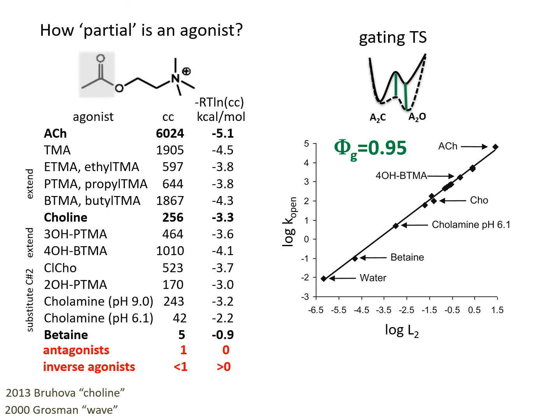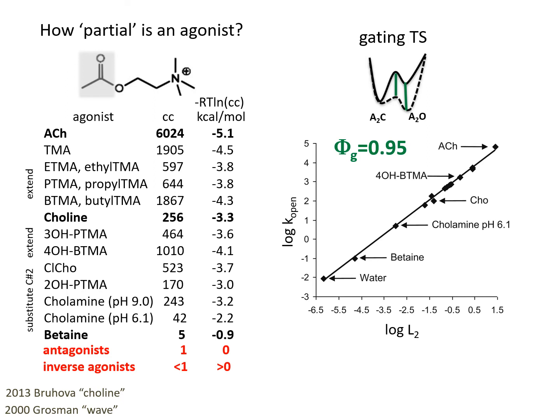And the plot to the right is a log-log plot of the opening rate constant as a function of the gating equilibrium constant. And what that is, in effect, is the ratio of the two green bars of the energy landscape shown above, the bar for the transition state divided by the bar for the open state. And that ratio is called phi, and phi, the subscript G, means the phi value for gating.